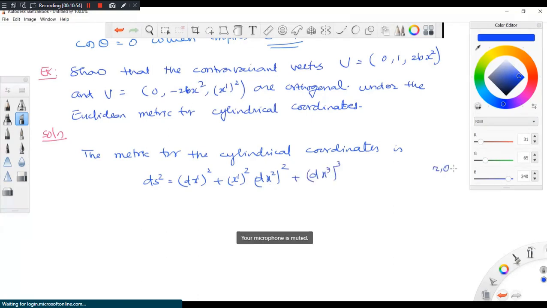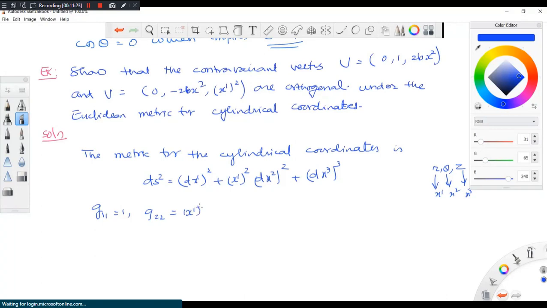R, theta and z. So this is x1, and this is x2, and this is x3. So I can put it in this form. So that g11 is equal to 1, g22 is equal to x1 square, and g33 is equal to 1, and g_ij equal to 0 for all i not equal to j.